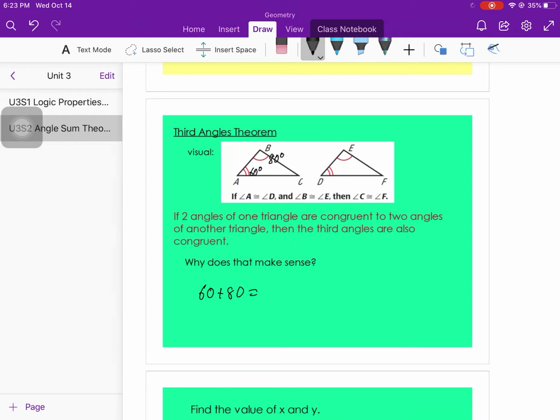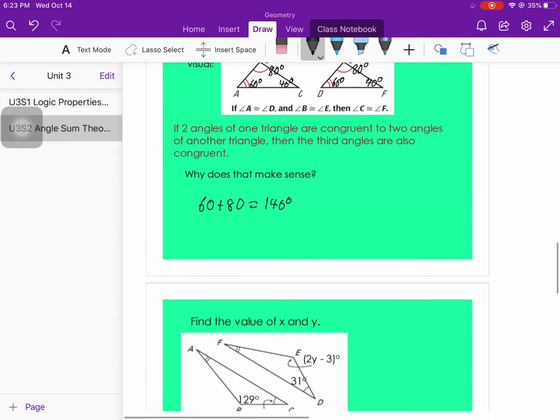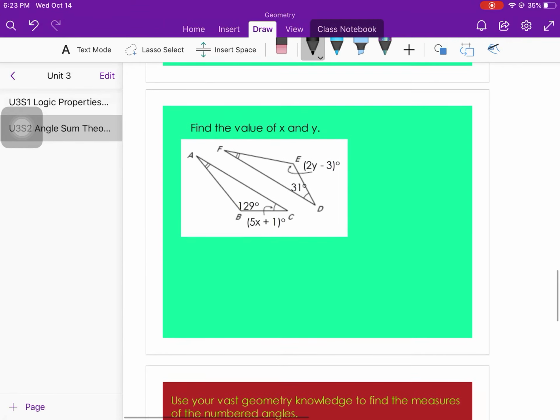So if we take 60 plus 80, we get 140, which means there's only 40 degrees left for this angle to be. So if this is 60 degrees, this is 80 degrees, and all triangles have to add up to 180, there's not another number that we could fill here besides 40. So if you know two of them, it forces the third angle to be the same.